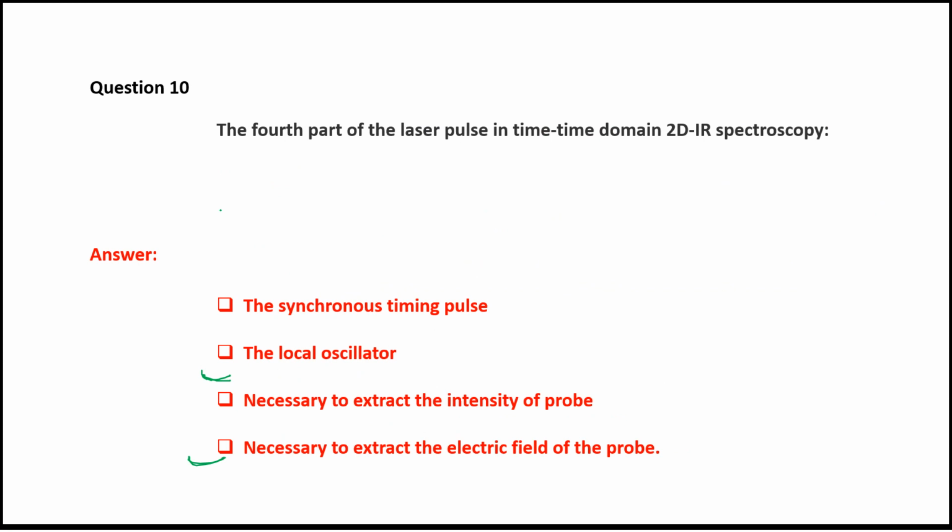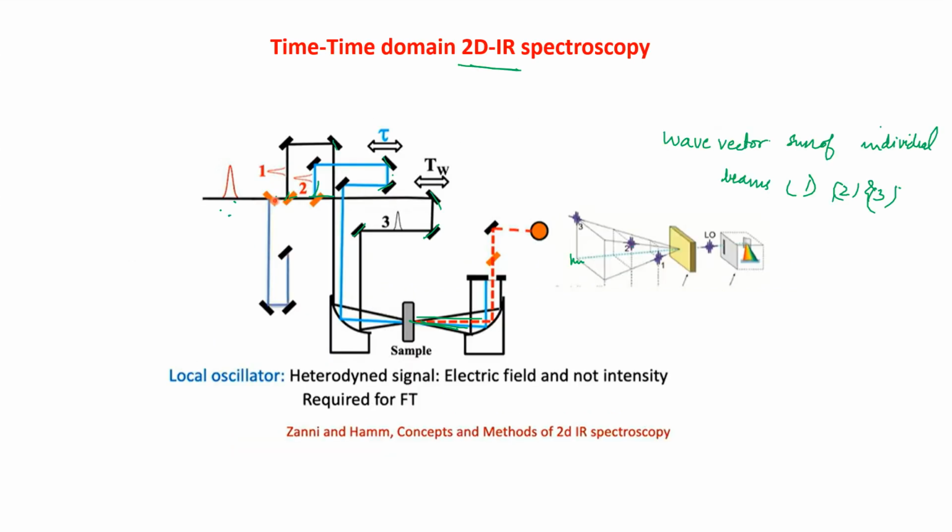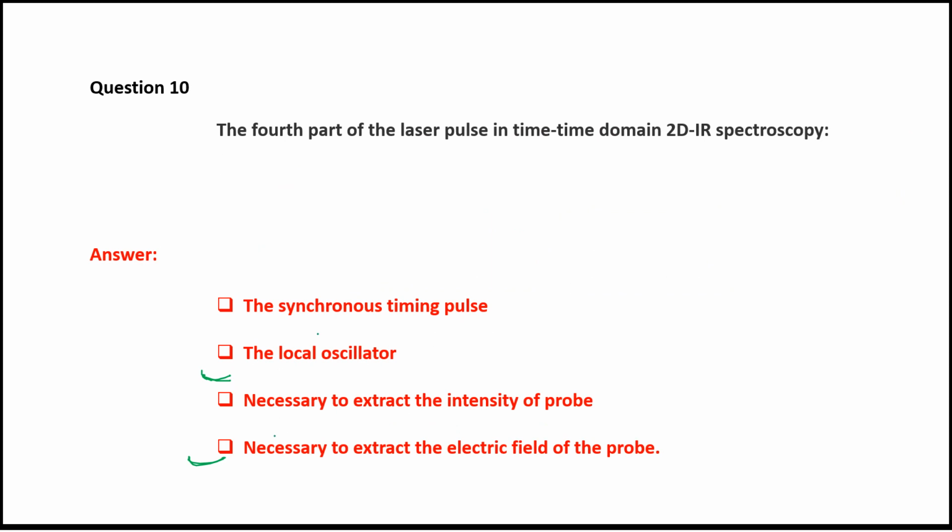The fourth part of the laser pulse in 2D is this. This is the fourth part and this is the local oscillator. And it is used for Fourier transformation, which is necessary to extract the electric field data. Okay. So these two are the options for this question.